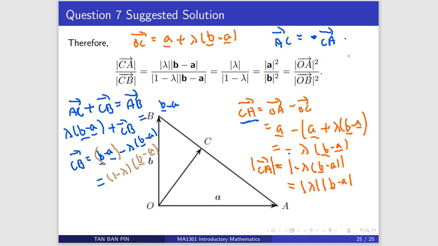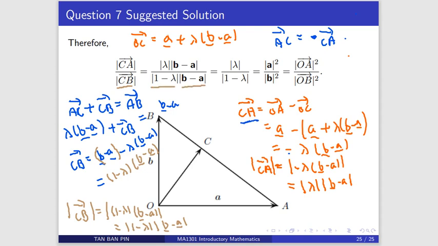So with that, you can say length of CB will be length of (1 minus lambda)(B minus A). So it would be same as magnitude of 1 minus lambda times magnitude of B minus A. So that's how you get length of vector CB.